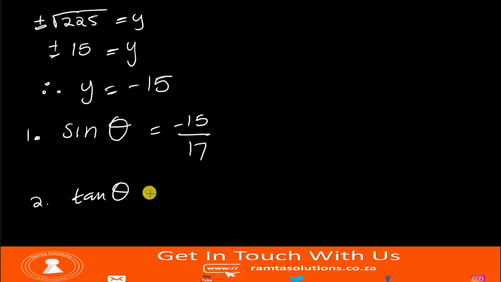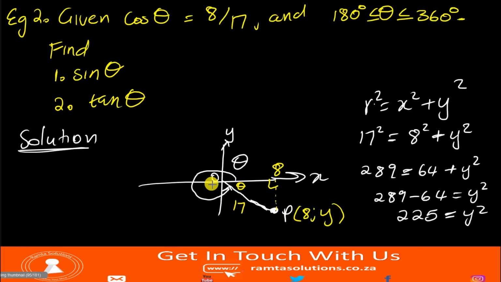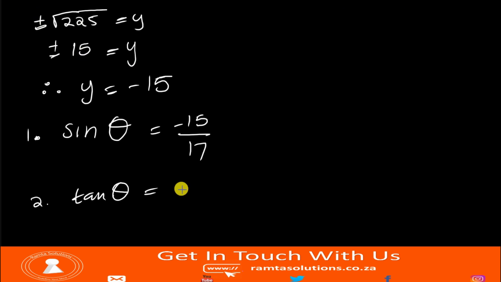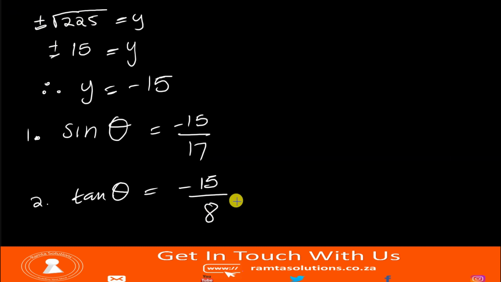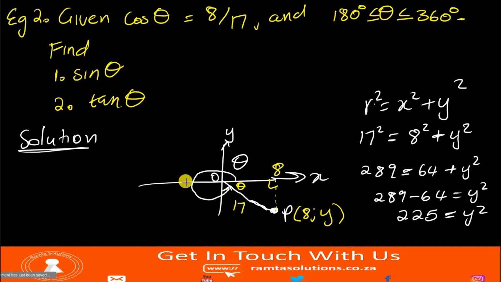Okay. Now, number 2, it's tangent. Tan theta is opposite over adjacent. The opposite side is the y, which was minus 15. The adjacent was 8. Now, as you can see here, sine theta and tan theta are negative. Yes, we are in the 4th quadrant. Only cos theta was positive.